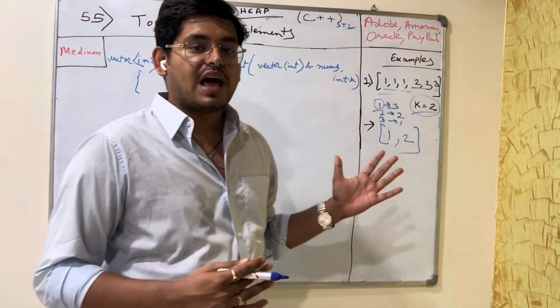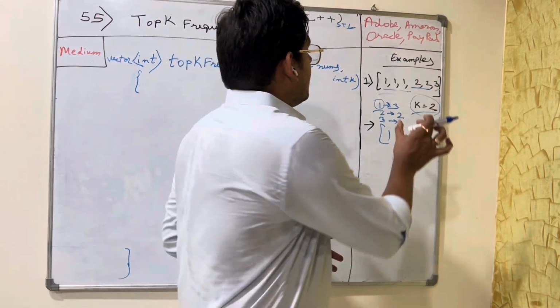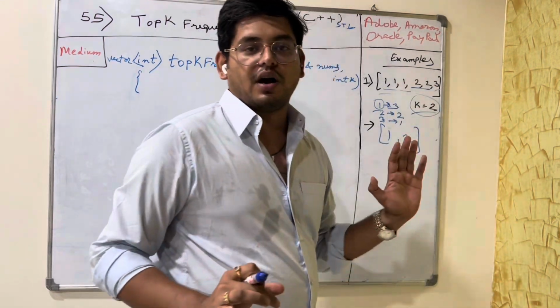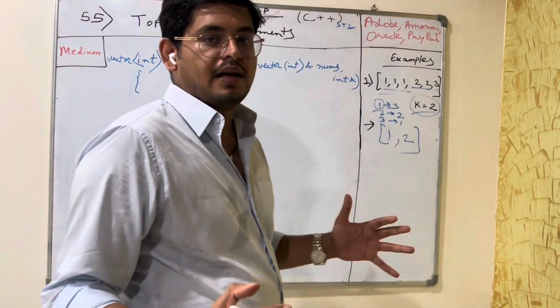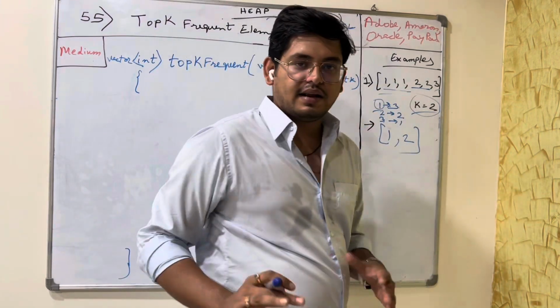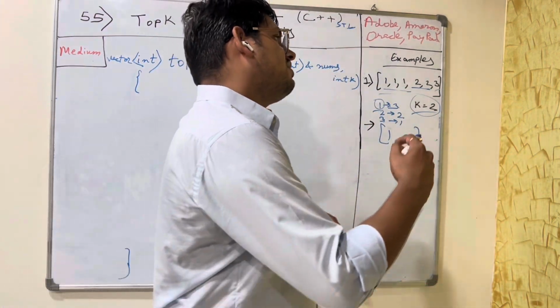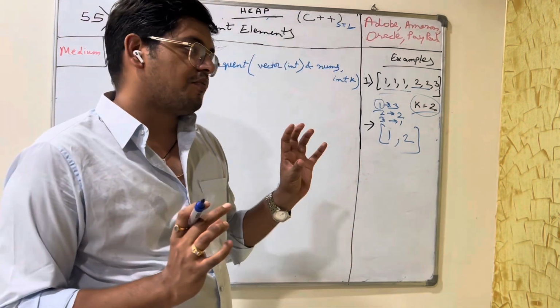So we have used hashing before, right? Map in C++ to get the number of times an element has occurred. So if we add these elements into a map, then we will get the count of all the elements that are present in the array, right? Now, priority queue is what?